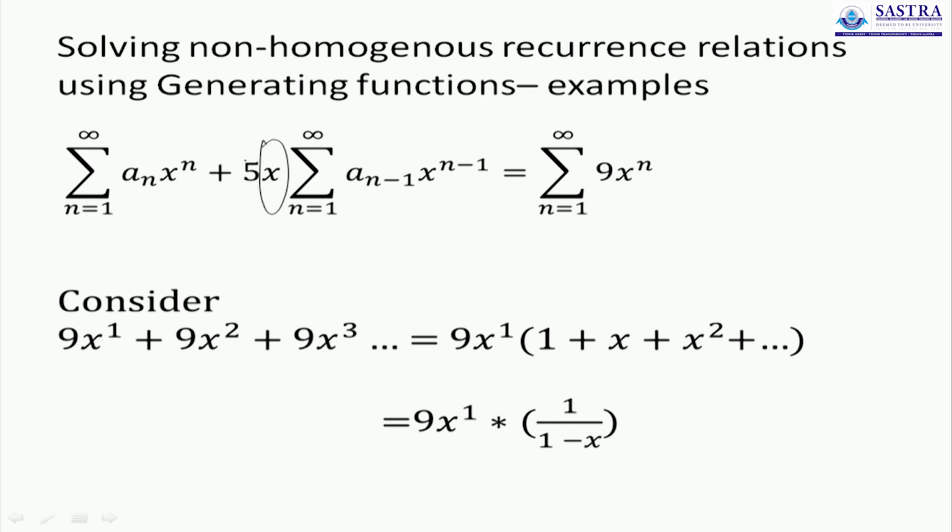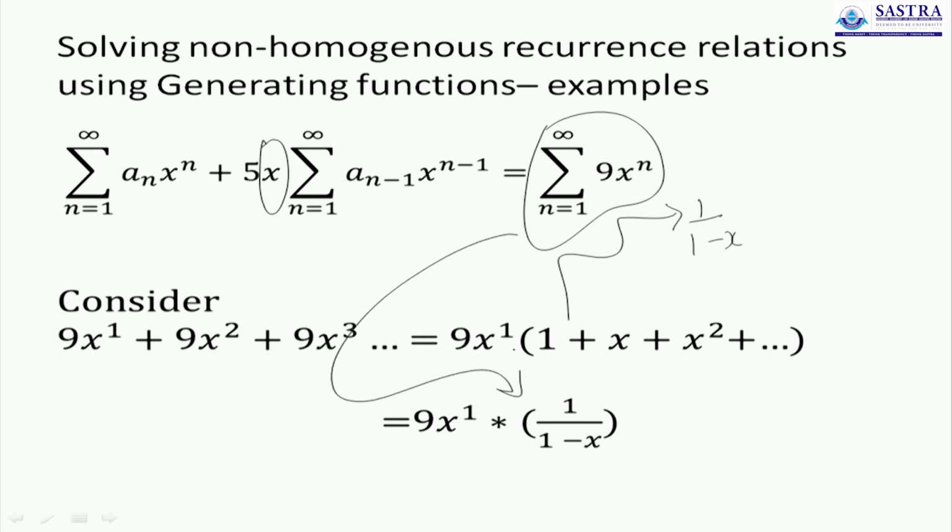I'll have 9x plus 9x squared plus 9x cubed, so on and so forth. So if I factor out 9x, I'll just have 1 plus x plus x squared, which we already know by now is the summation, which is the generating function 1 upon 1 minus x. So the term on the right is where we introduce the first generating function to solve this recurrence relation. So it is just 9x times 1 upon 1 minus x.